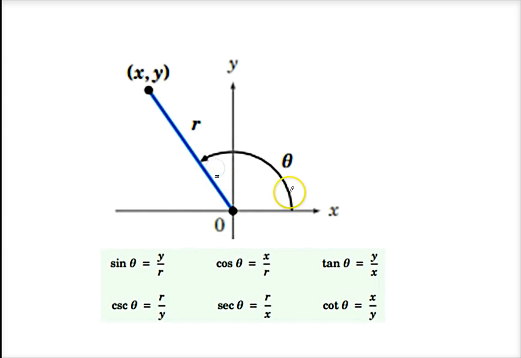Well, notice here we have an example of an angle theta opening up, and here is its terminal side. It stops at a point x comma y. Now notice we are used to using triangles, and if we were to draw a line straight down and straight over, where do we get the point x comma y? Where do we get those coordinates? Well, x is the horizontal distance from 0, 0, right?